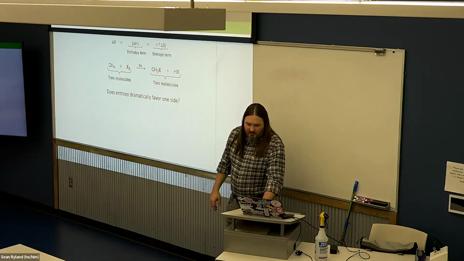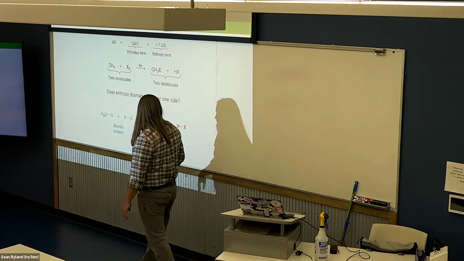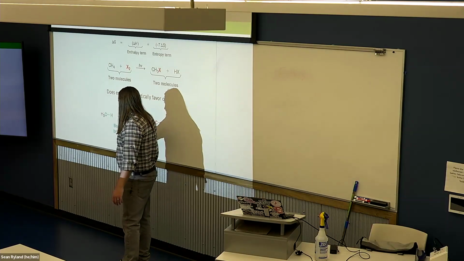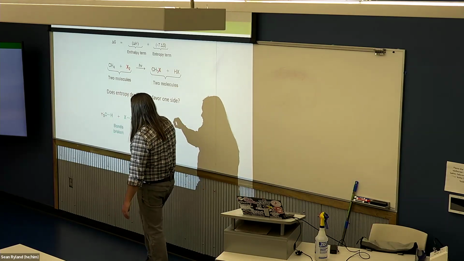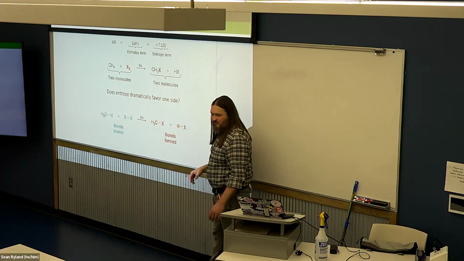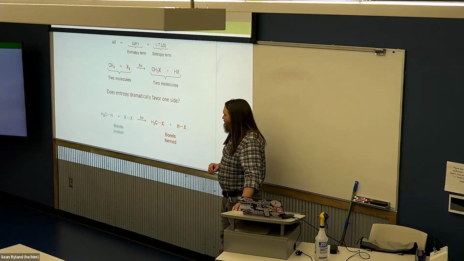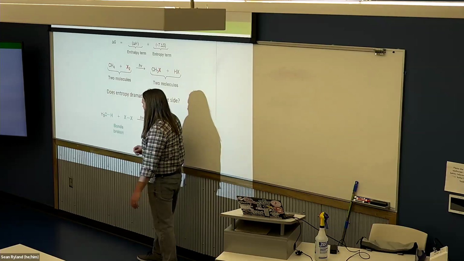So then what about enthalpy? If we look at bonds broken and bonds formed, are we breaking stable bonds or are we making stable bonds? Both is better than neither, right? But is a chlorine-chlorine bond a particularly stable bond?